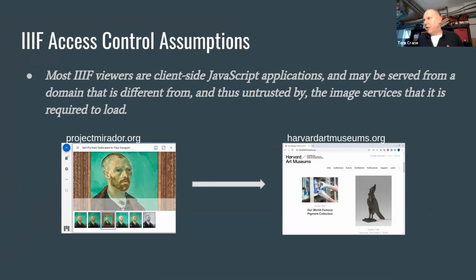And that, if I'm using Mirador on project.mirador.org and I'm looking at a protected resource on harvardartmuseums.org or anywhere else, neither of these two parties need to tell the other about what they're going to be doing in advance. They don't need to come to some arrangement so that project.mirador.org is on a special list that Harvard has of allowed clients.